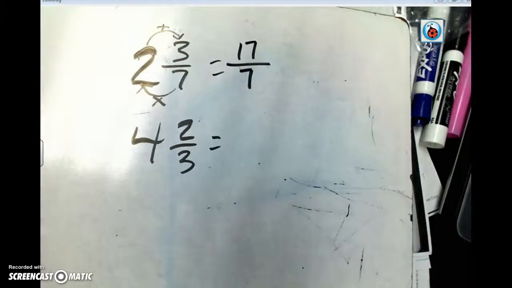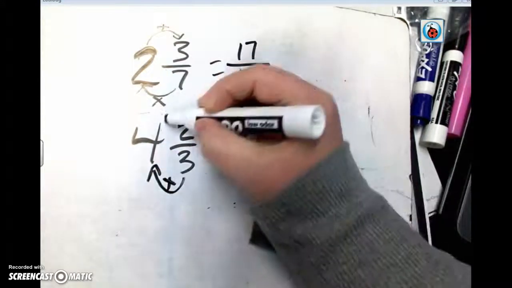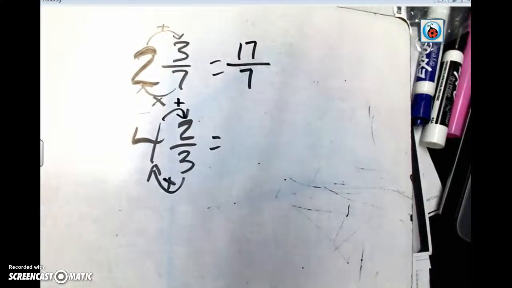Okay? Now I'm going to work on converting 4 2/3, which is a mixed number, to an improper fraction. When you convert this, you follow that same process of taking your denominator times your whole number and adding your numerator. So, Keely, walk me through this one.